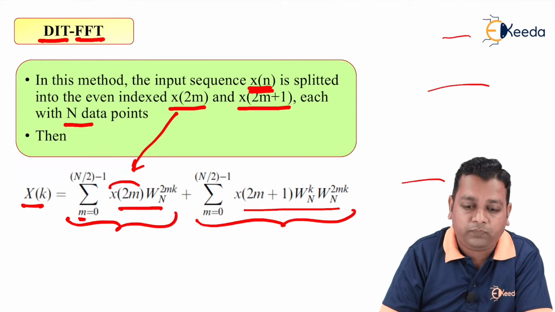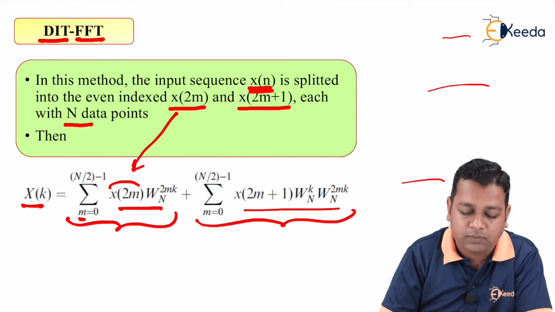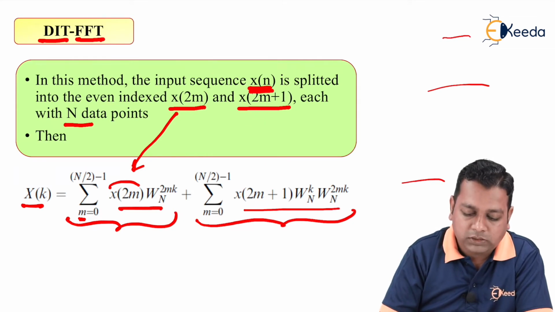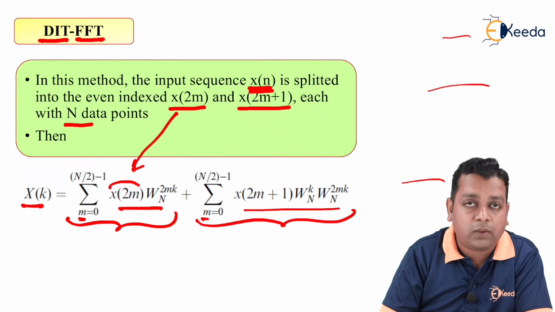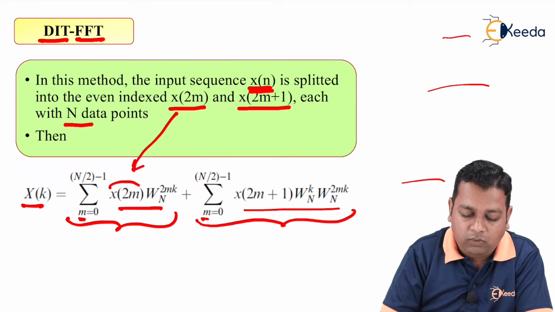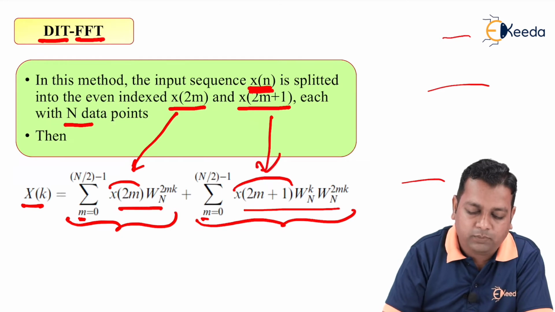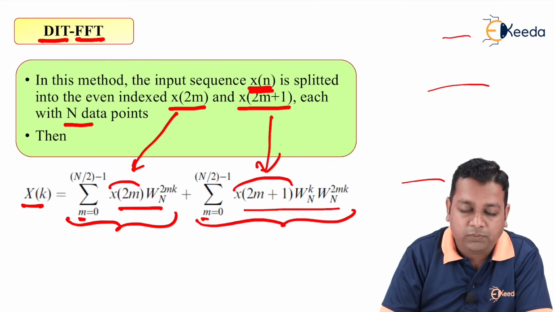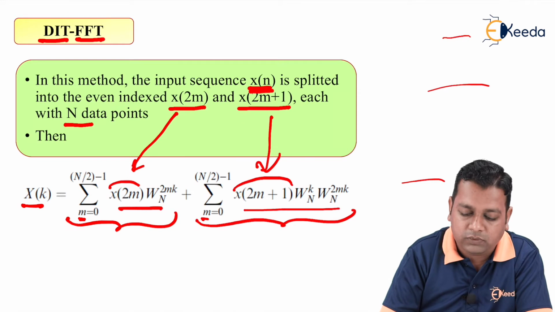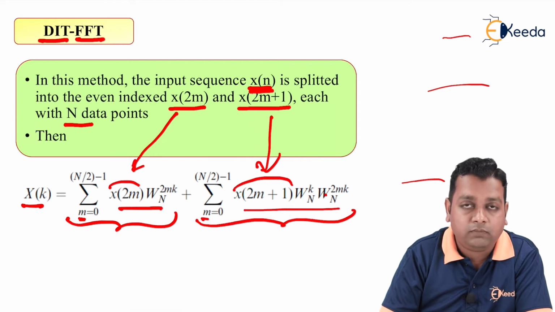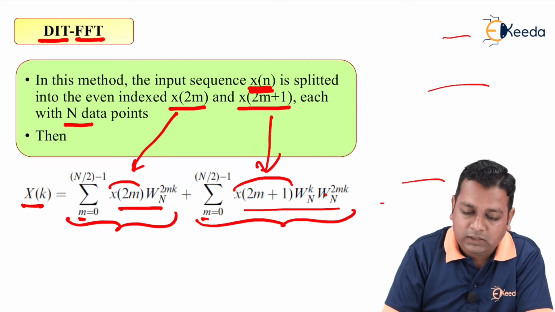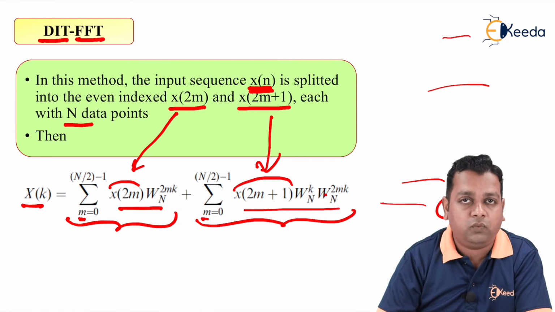This DFT is added to another DFT where m ranges from 0 to capital N by 2 minus 1 for x of 2m plus 1, multiplied by the twiddle factor W suffix capital N to the power k, and W suffix capital N to the power 2mk. Let us say this is equation number 1.